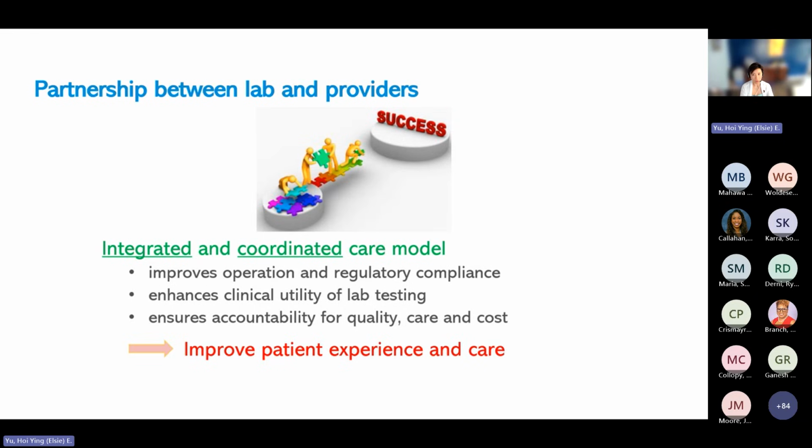And with the partnership between lab and providers, I really think that we were able to have an integrated and coordinated care model, which improved operation and regulatory compliance, as well as enhanced clinical utility of lab testing, ensured accountability for quality, care, and cost, and ultimately improved patient experience and care.